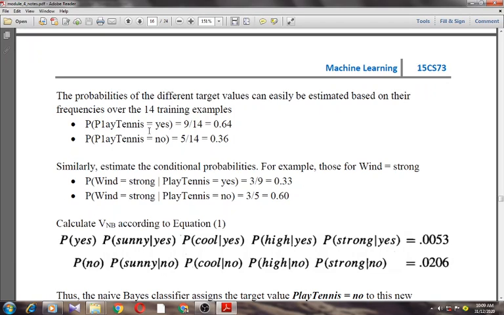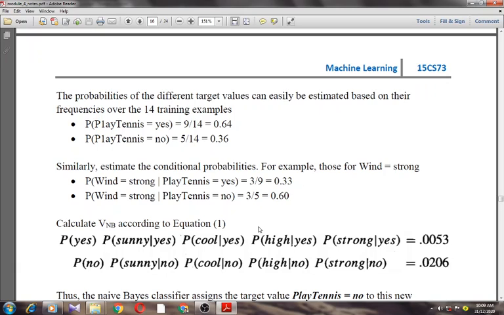So P(play tennis equal to yes) is 9 by 14, that is 0.64, and P(play tennis equal to no) is 5 by 14, and hence it is equal to 0.36. Similarly, we can estimate the conditional probabilities.